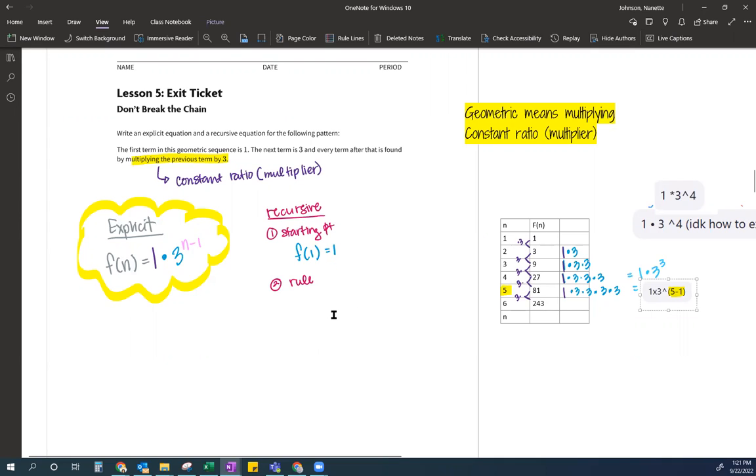I want the notation part. Can you try that out for me? What would that be? And if you have to write it out in words, write it out in words.